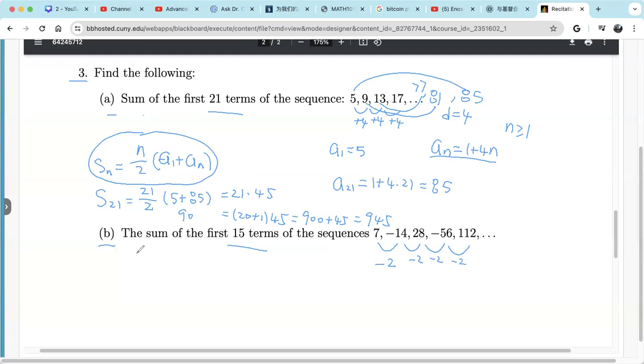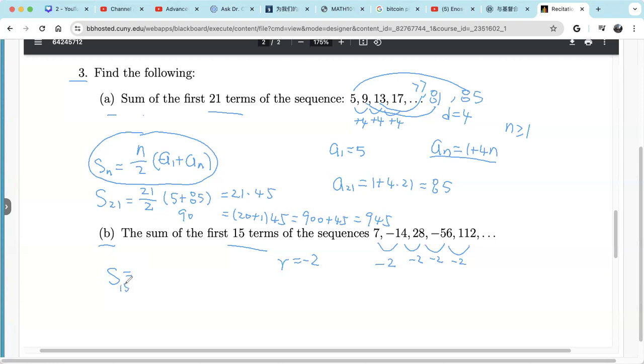All right, so this is a geometric sequence, and the common ratio r equals -2. So in arithmetic, we call it the common difference; in geometric, we call it the common ratio. So for the sum, in this case, we have S15.